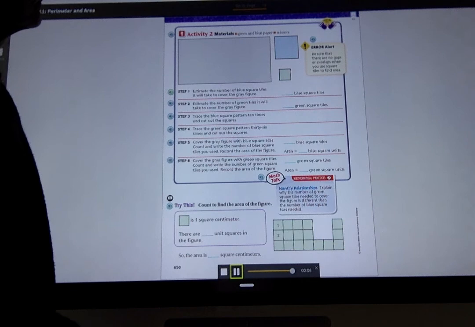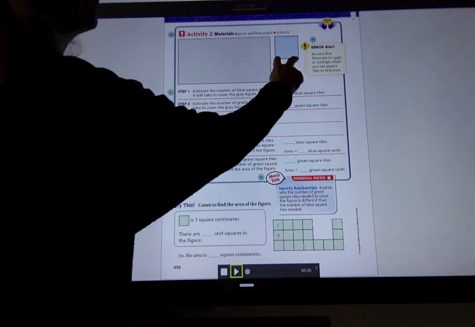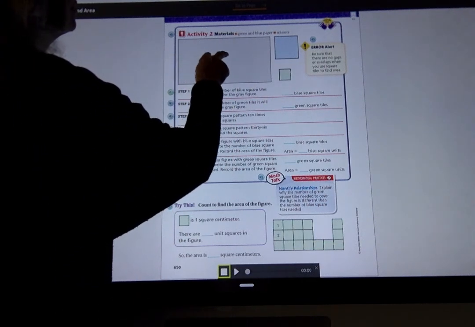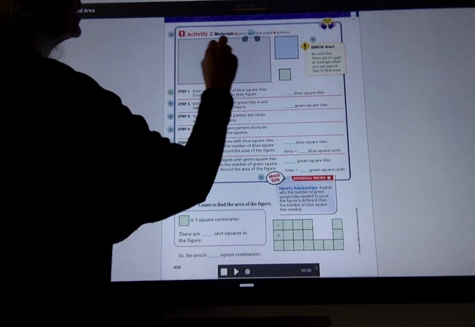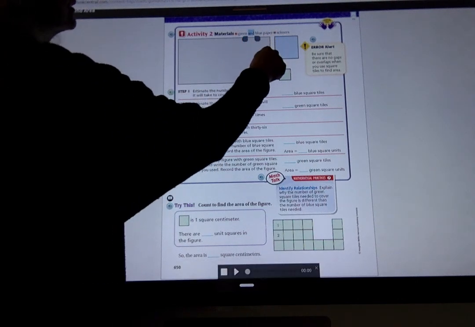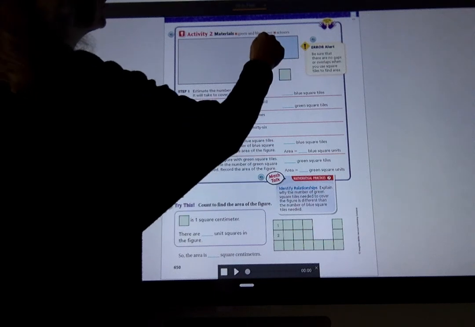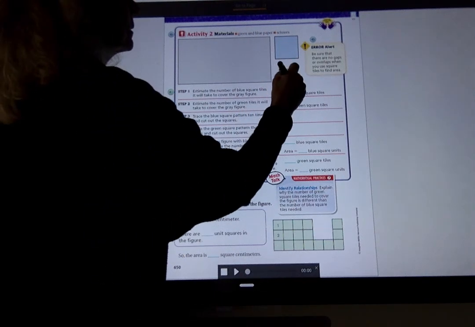Blank blue square tiles. Let's see, I'm going to count 1, 2, 3, 4, and I think they'll fit 2 this way. I'm going to say 8.